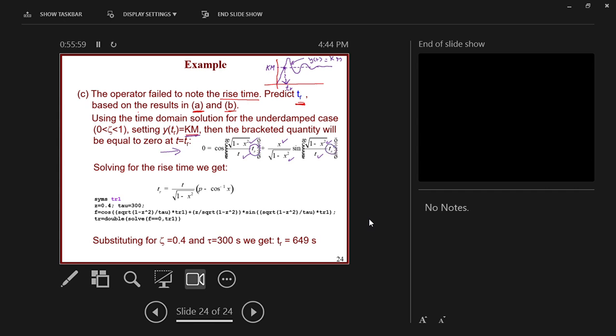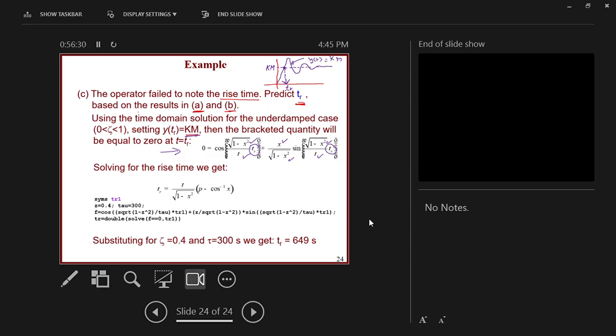This is a highly nonlinear equation and cannot be solved easily analytically. So the best way is to solve it numerically. One way to do this, we can use MATLAB to solve it, or we can use the numerical techniques that we have studied before. You can use Newton-Raphson, the regula falsi, the false position, the bisection method, or the secant method. We can use them to solve for TR.